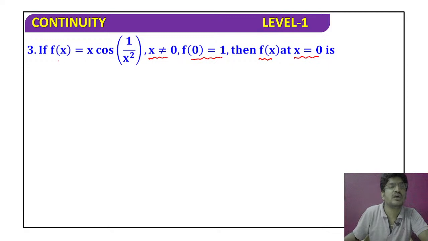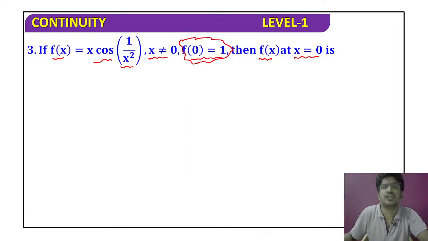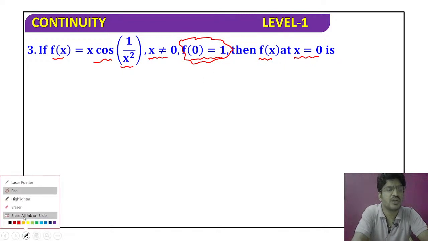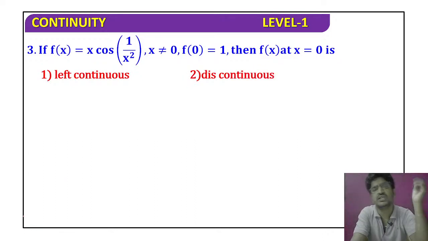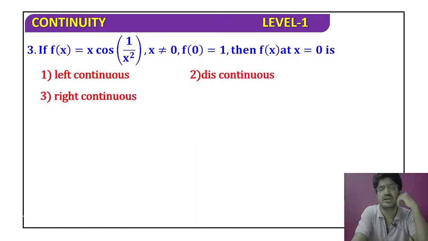So f of 0 is given, that is 1. Okay, so let us see what the options are: 1 left continuous, 2 discontinuous, 3 right continuous, 4 continuous.